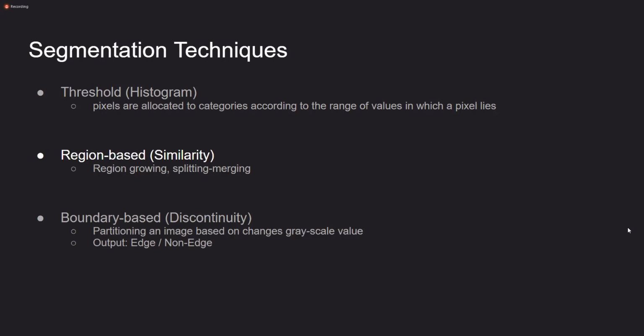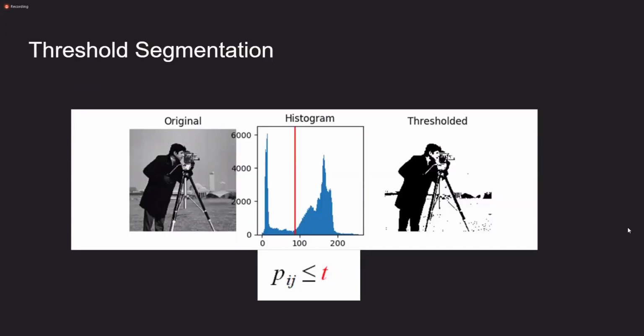So to illustrate, this is an example of a threshold segmentation. You can see this isn't a geographic image. This is straight out of a computer vision textbook. And all we're doing is setting some threshold T, and all of the pixels that are above that value are one color, and all the pixels below that value are the other color.